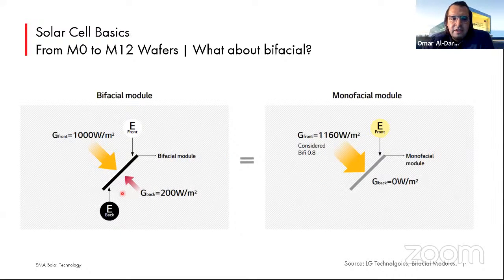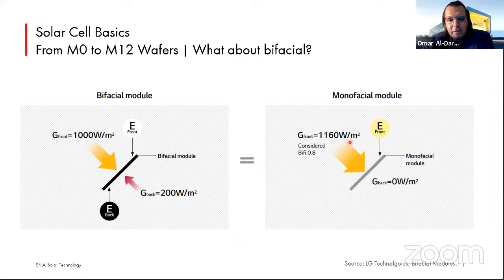But of course, the efficiency at the backside is different than the front side, and the ratio between the two is what's known as the bifaciality factor. So if you have 1,000 watts per meter squared on the front side and 200 watts per meter squared on the backside, that would be equivalent to having around 1,160 watts per meter squared on the front side.